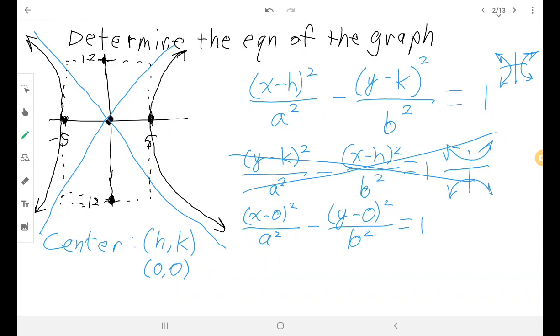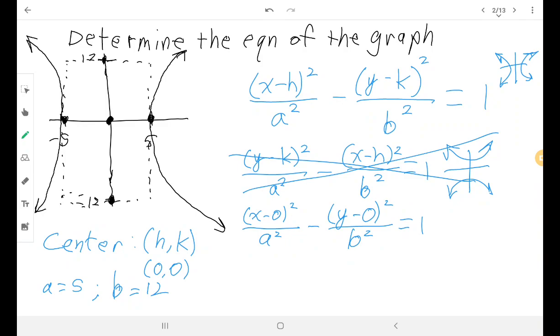And this is how we are able to draw the hyperbolas. Since it's at the origin, a and b are pretty easy to figure out. So a is a distance of 5 from the center. It's always the distance from the center. And b, you might see, is a distance of 12.